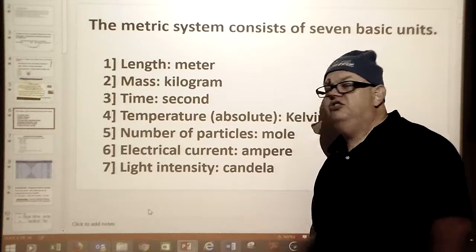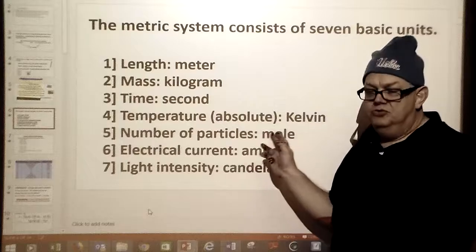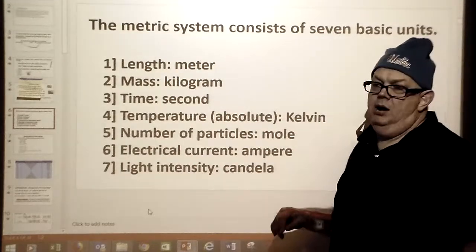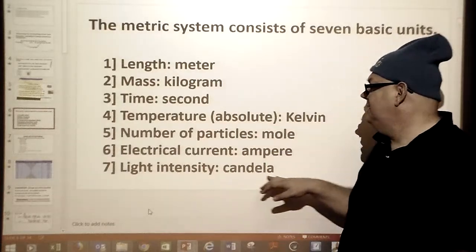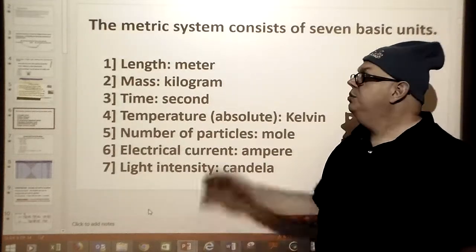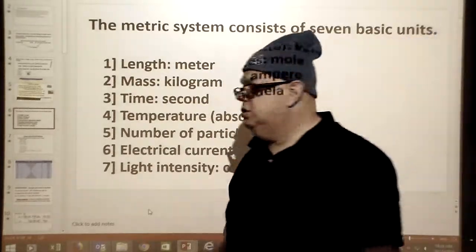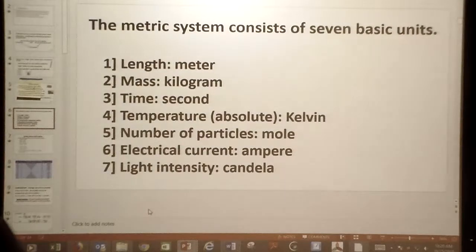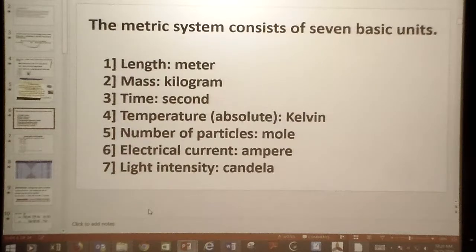The number of particles is something called the mole. Not mole mole, just the mole. The electrical current is the ampere, okay? And the light intensity is the candela. So those are the basic units of the metric system, okay? With that, ladies and gentlemen, these are our basic units that we're going to work with.